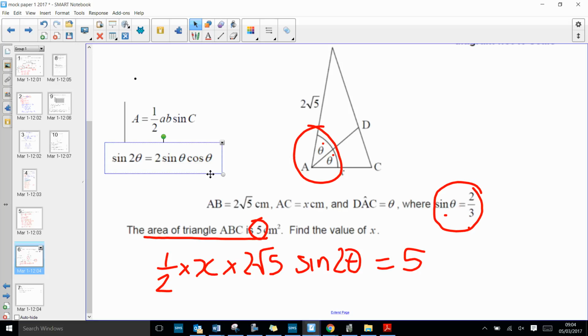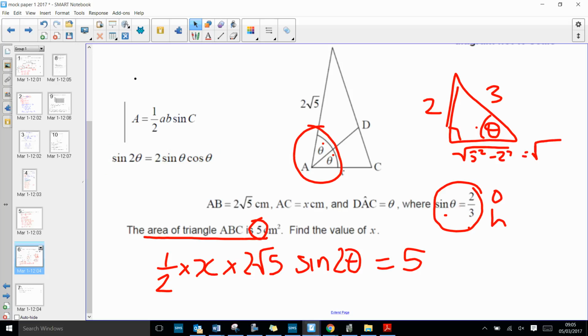So that's where we draw a little sketch of a right angle triangle. We know that sine is opposite over hypotenuse, so that means the opposite side must be 2 and the hypotenuse would be 3. Using Pythagoras, we know that this side here would be the square root of 3 squared minus 2 squared, which is the square root of 9 minus 4, which is root 5.